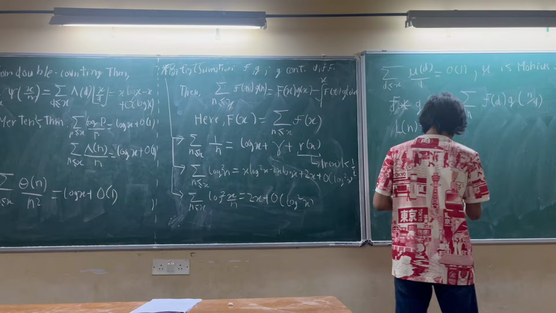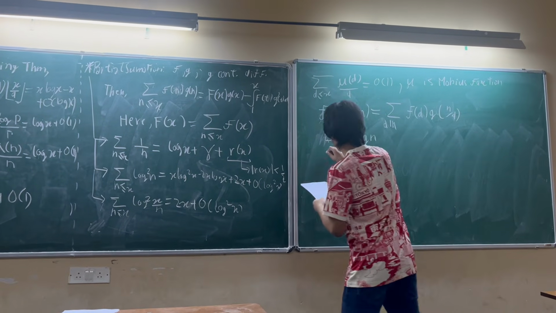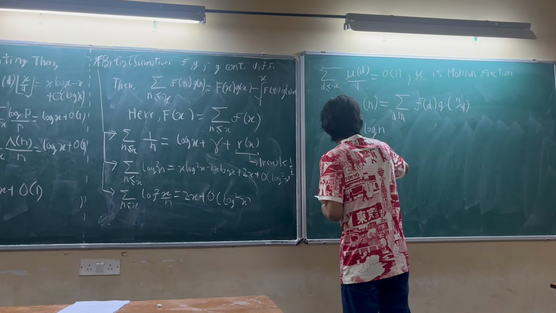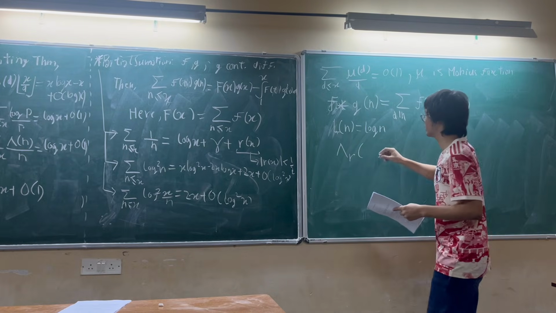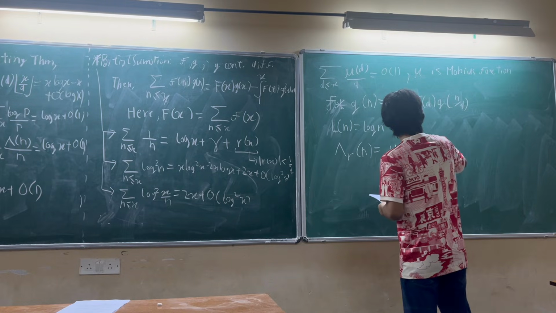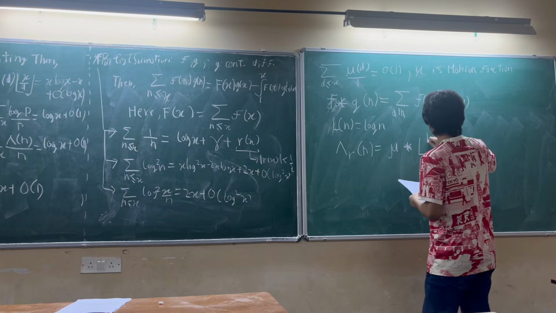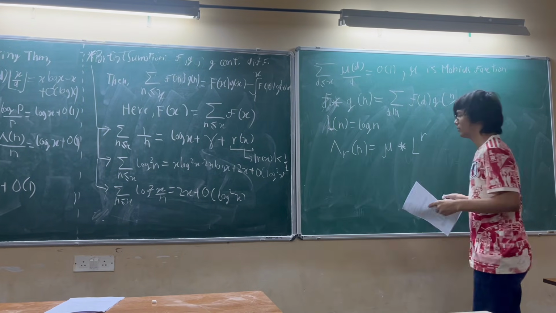First of all we define the generalized von Mangoldt function denoted by lambda subscript r of n. It's defined as mu convoluted with L to the power r, where L is this capital L function.